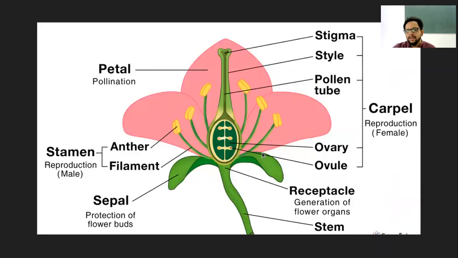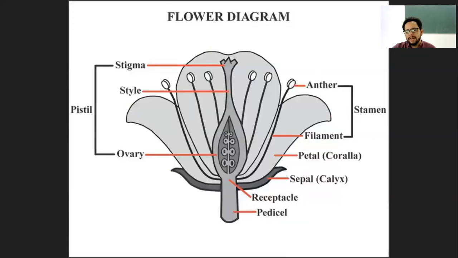That's why I have chosen these two flowers, one colorful and one black and white, because if in the exam it comes like draw a structure of the flower, then you can refer to this diagram to draw it. It's not difficult, and of course you can change the shape of the petal and the length of the filament and so on. That is up to you, but all the structures need to be shown.